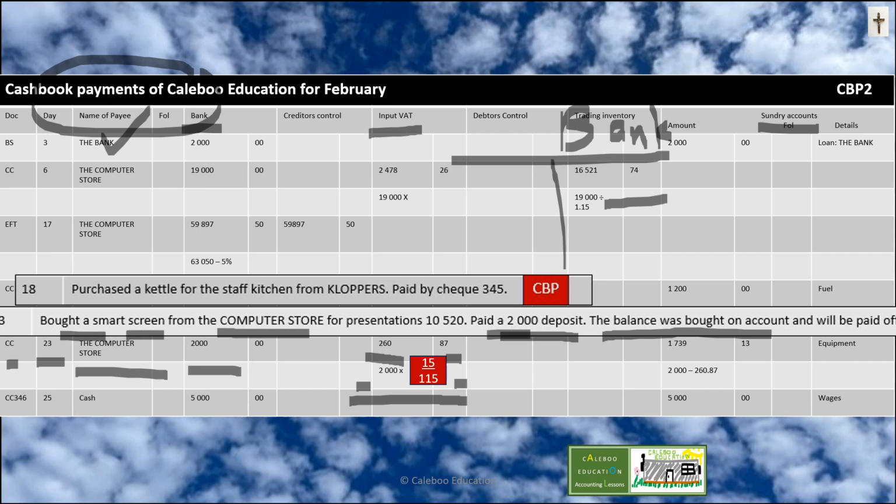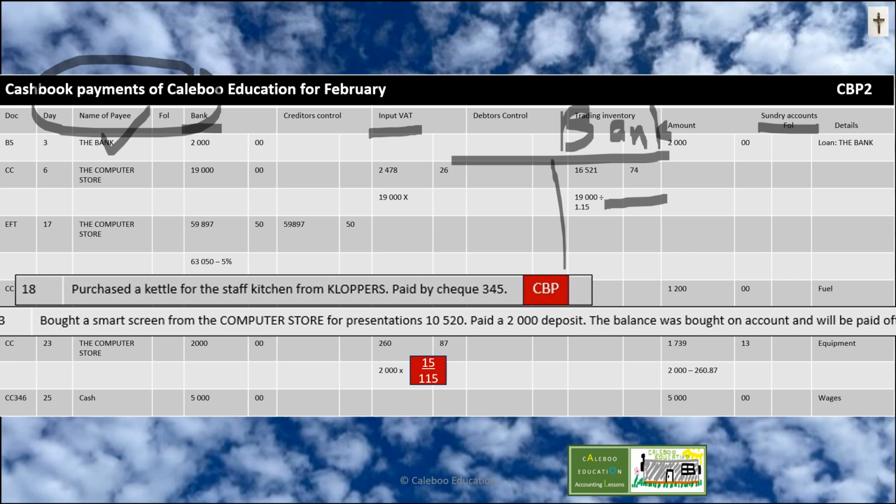And in order to calculate the exclusive amount, all we need to do is say 2,000 minus that VAT amount you just calculated, and it is equal to 1,739.13.